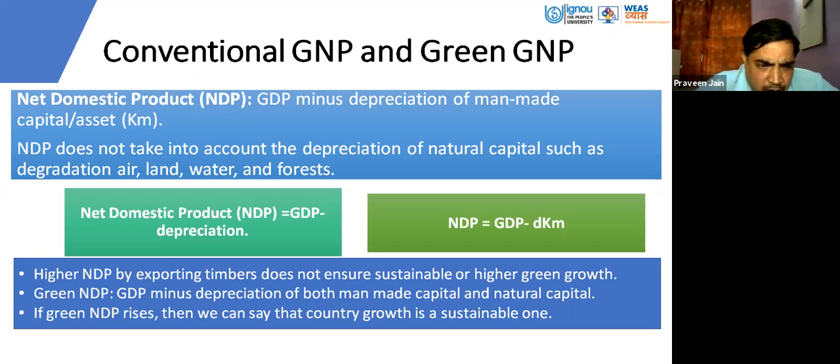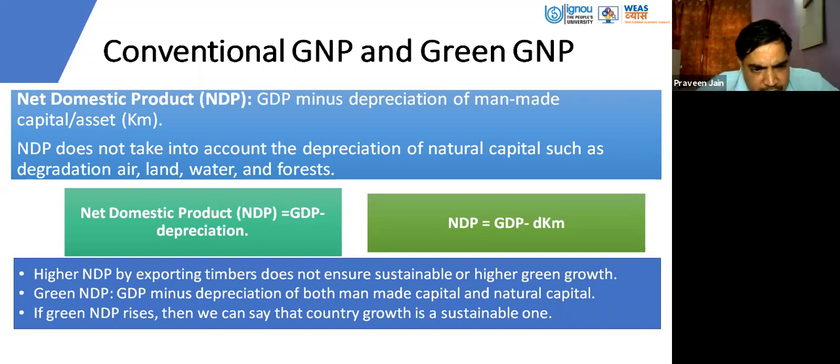So, higher NDP by exporting timber does not ensure sustainable higher green growth. If we are having good growth in the NDP, that does not mean that we are having sustainable growth or higher green growth.